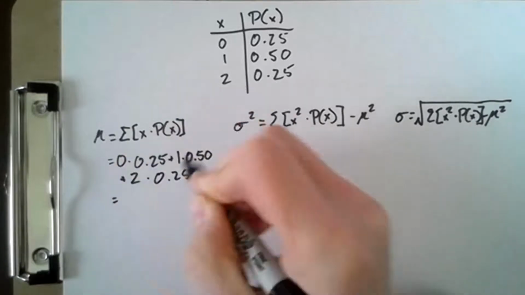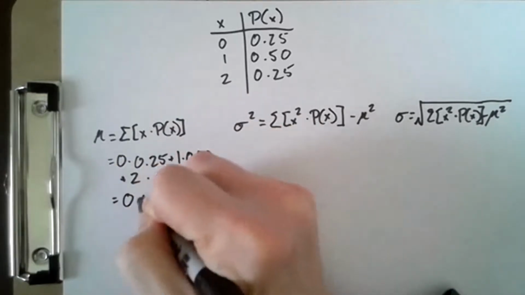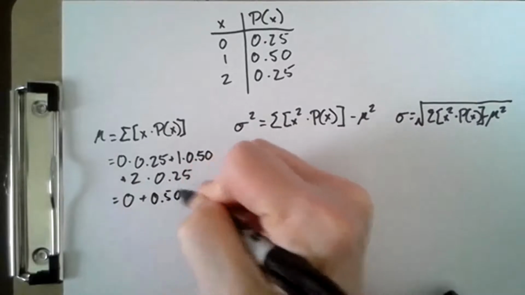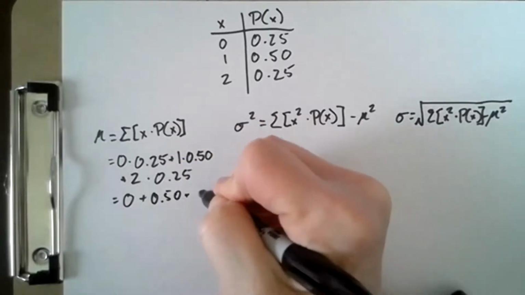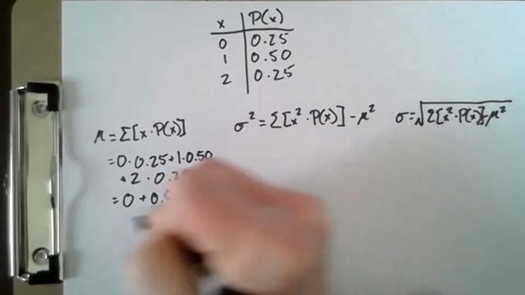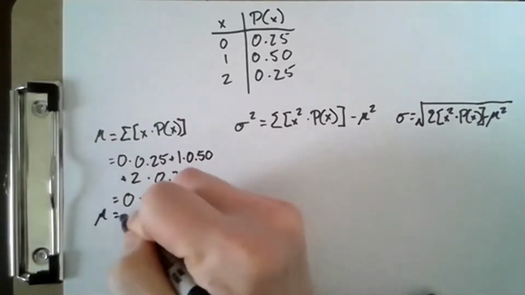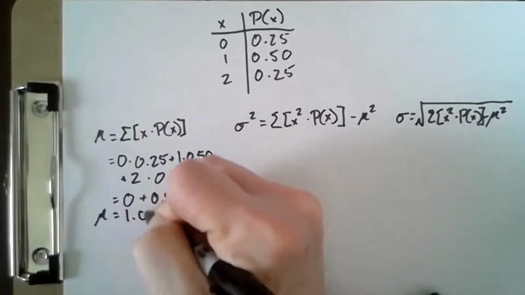Well, obviously, 0 times 0.25 is 0, plus 1 times 0.5 is 0.50, plus 2 times 0.25 is 0.50 again, which gives us a mean of 1.0.